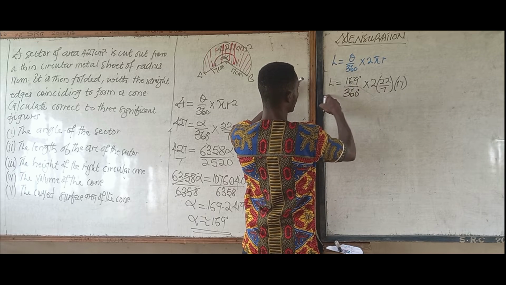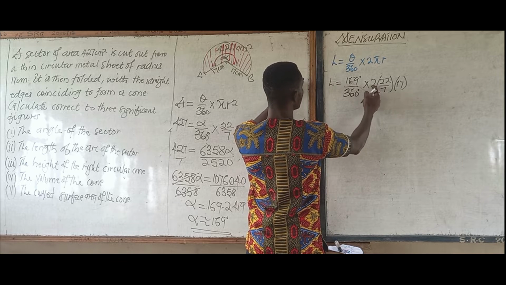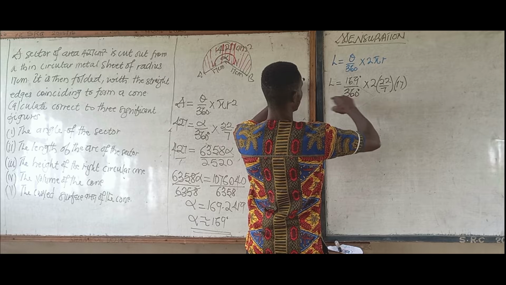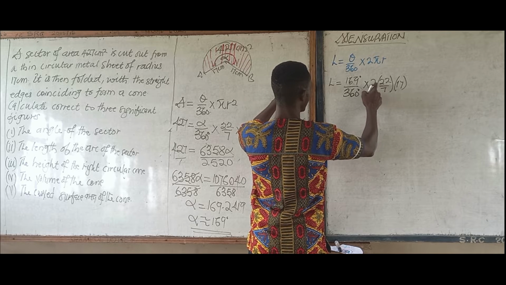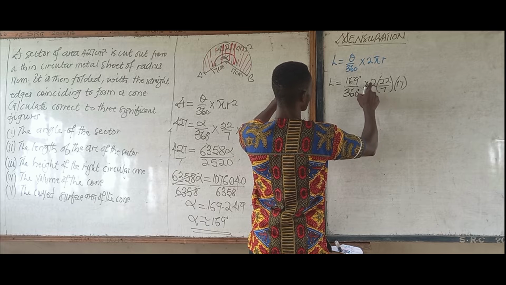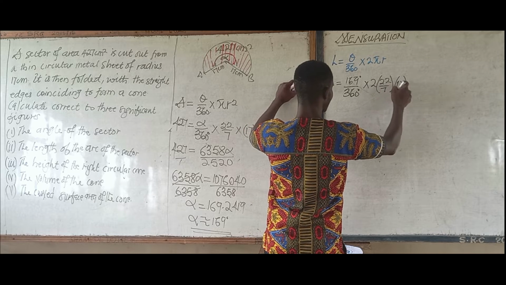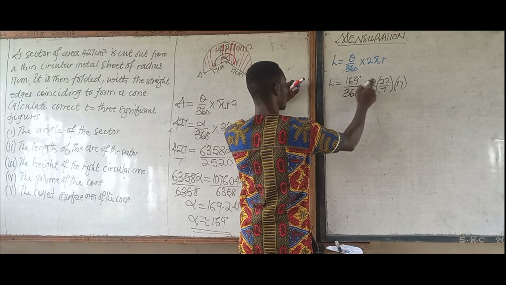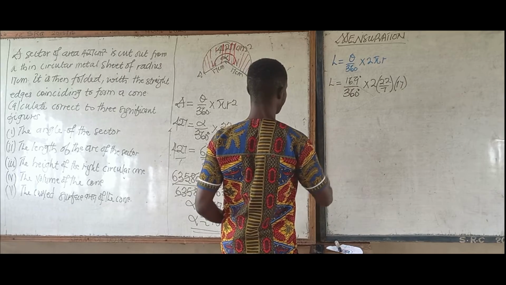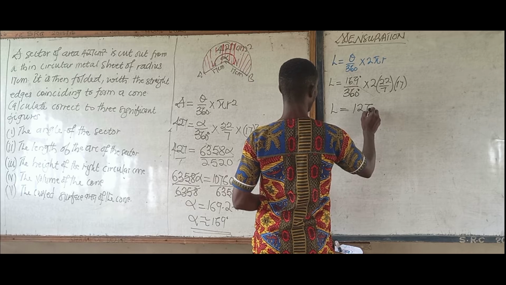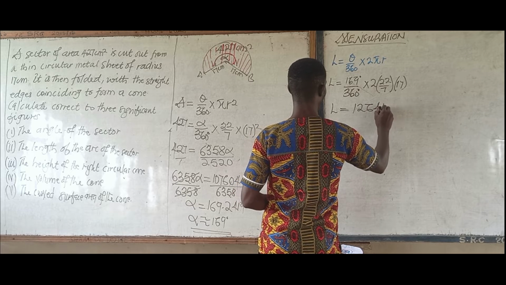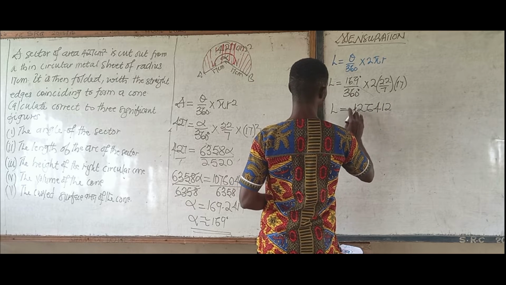Multiply 169 times 2 times 22 times 17, you multiply all together. What do you get? 126,412. Finish. That's all.